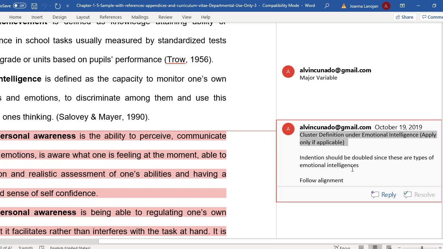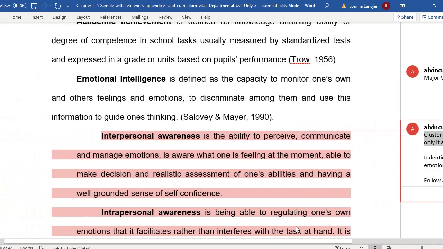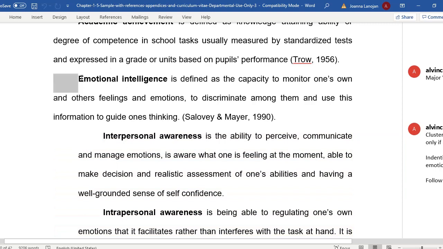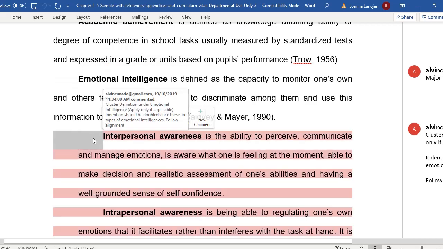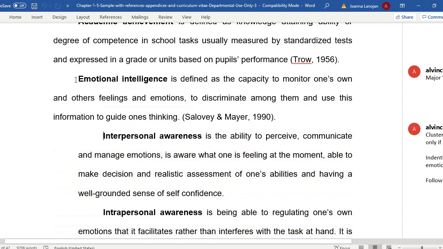This cluster definition means that since it is a sub-variable, you place it under its variable. You can see its intention under emotional intelligence, if there are sub-variables in emotional intelligence. So it is indicated that interpersonal awareness is one of the sub-variables of emotional intelligence. Do you get that?